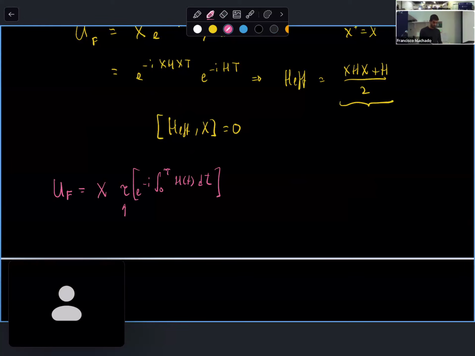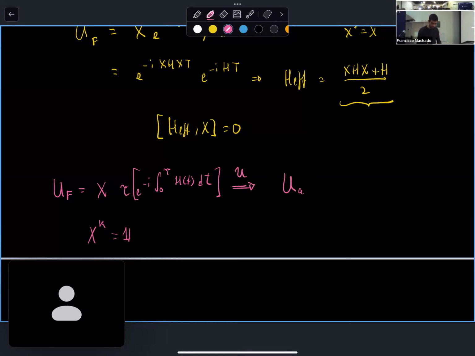If I have a drive with this form, where x to some number k is the identity, and in our previous case k was 2, then you can show that there's a slightly rotated frame that I'll ignore for now, where the dynamics are well approximated by the symmetry that I acted on and some effective Hamiltonian, but now where this effective Hamiltonian commutes with my symmetry.